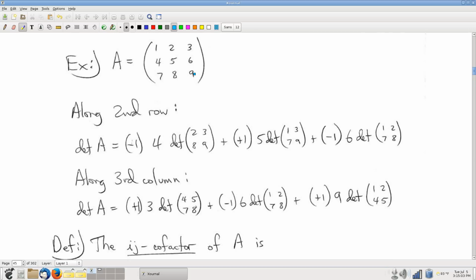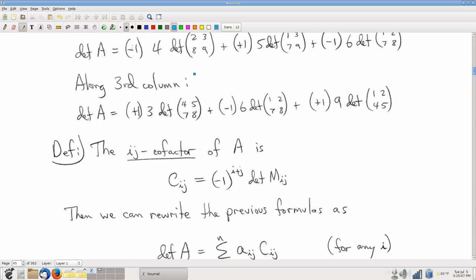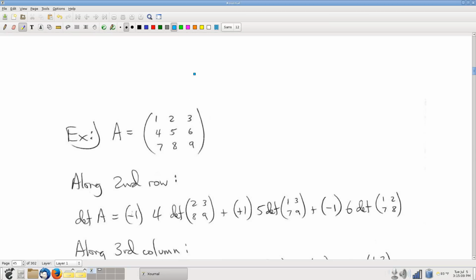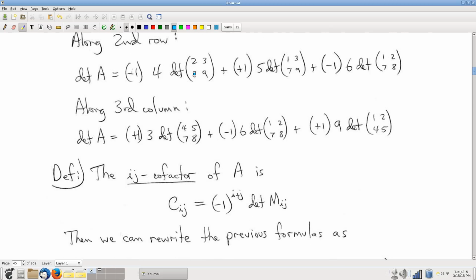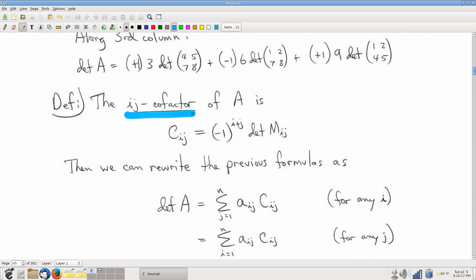Okay, so that's how you compute the determinant with cofactors, with the recursive definition, minors and etc. I do want to introduce a new definition, cofactors. I got ahead of myself. It's just a name, a label that we put on part of the formula that we use to compute determinants.